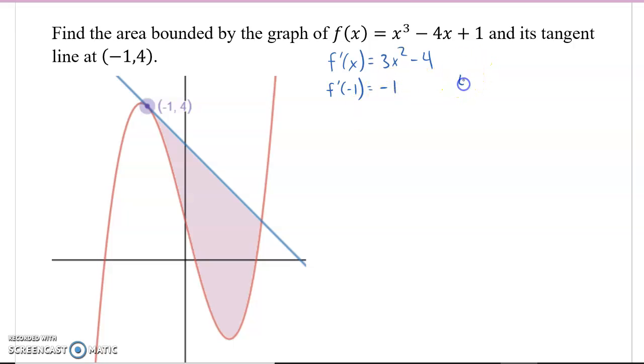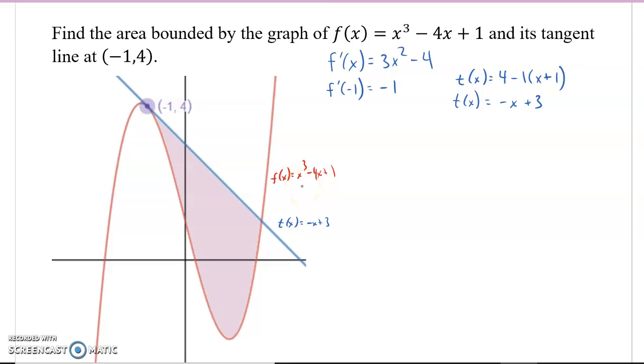So our tangent line, I'll call it t of x, has the equation t of x equals the y value plus the slope times x minus the x value, which simplifies to negative x plus 3. That's the equation of this line right here. And f of x is the cubic function x cubed minus 4x plus 1.